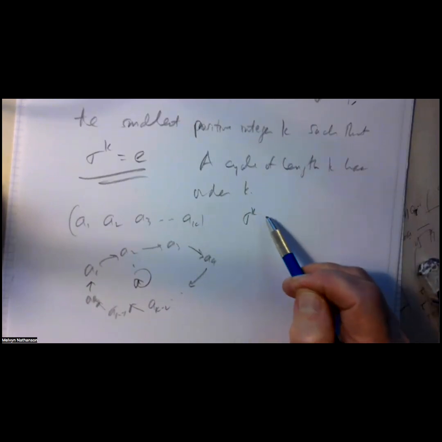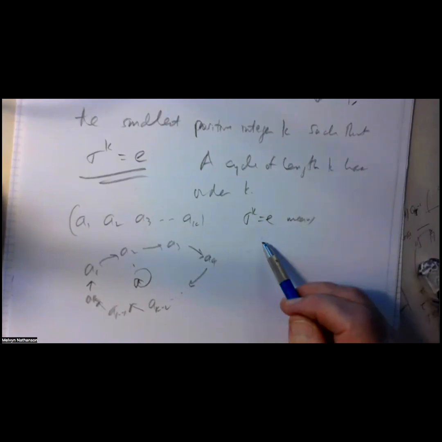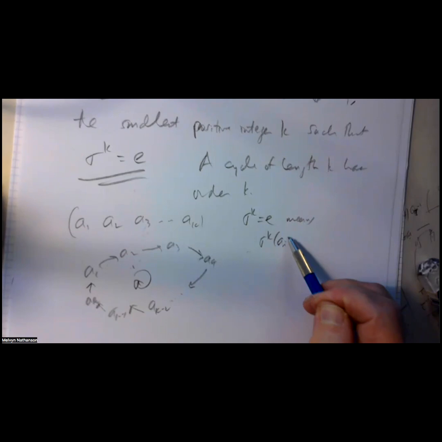So that's kind of a picture of a cycle of length k. So when do you get the identity? Sigma to the k equal to the identity means sigma to the k of ai, any one of these numbers, is the same ai.